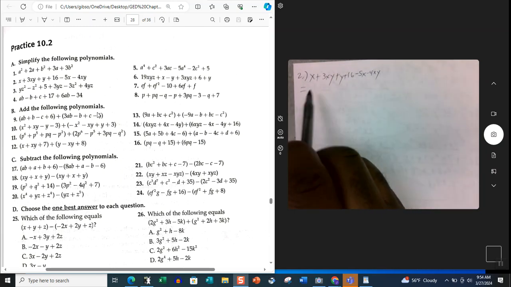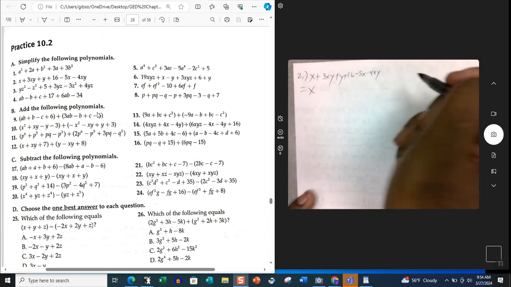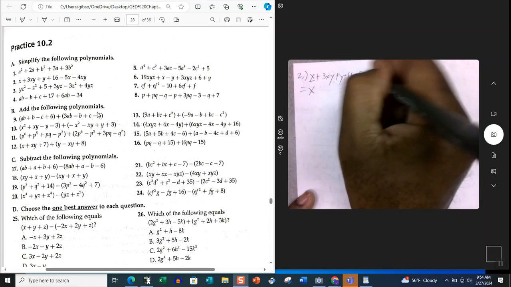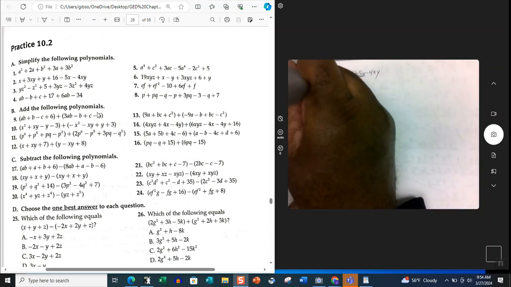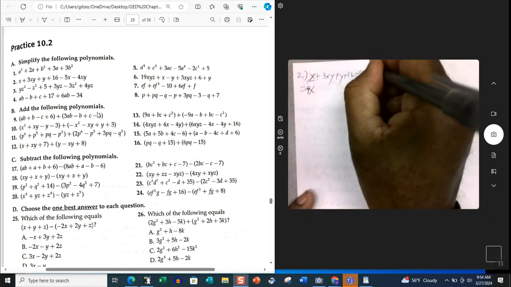Now, we would try and see what we have as a like term. X and a negative 5x are like terms. So this should be a negative 4x. Yeah, that was my mistake. So this would be a negative 4x.